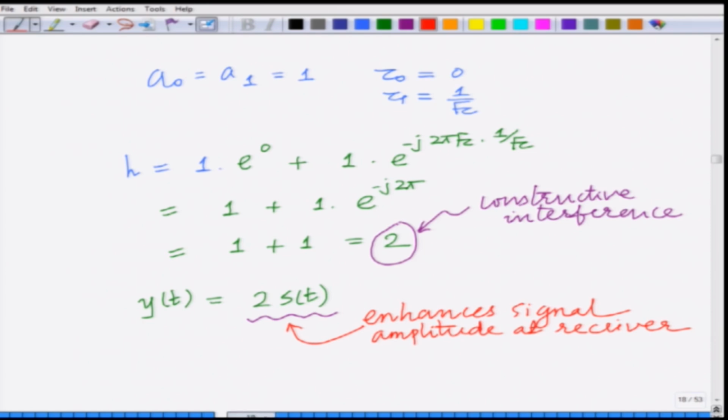And therefore, this coefficient h depends on the attenuations ai and the delays tau i. It can go all the way down to 0 when these different signal components are cancelling each other, and when different signal components add up, it can have a significantly higher magnitude, and then it varies between these different magnitudes.